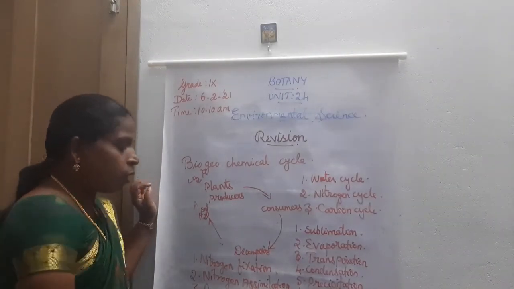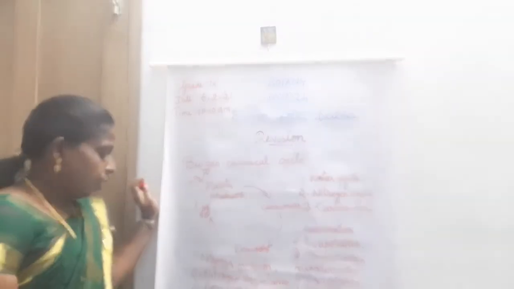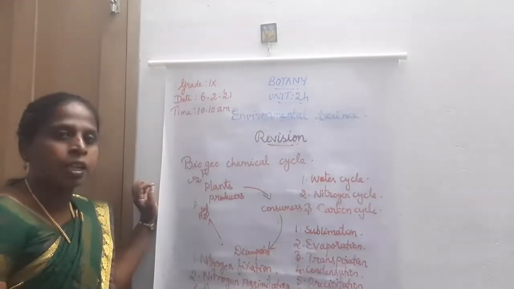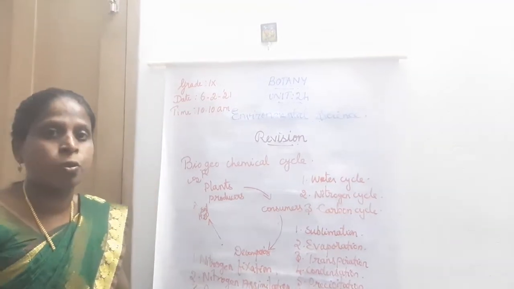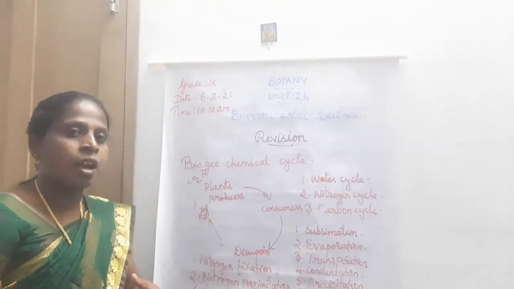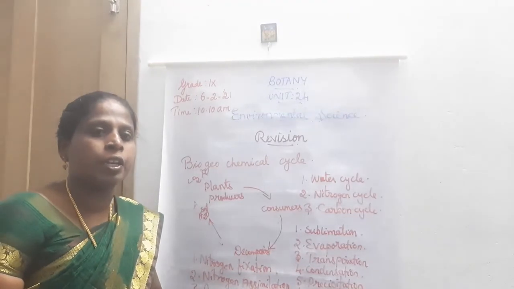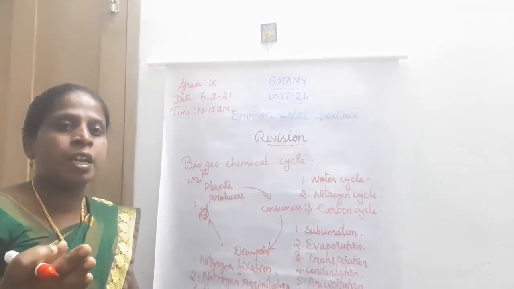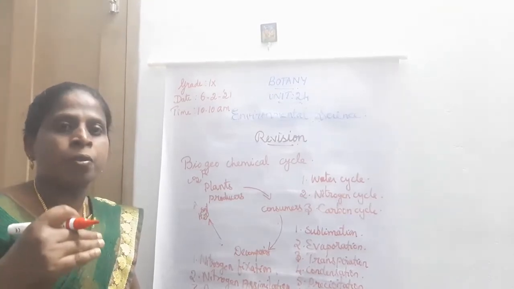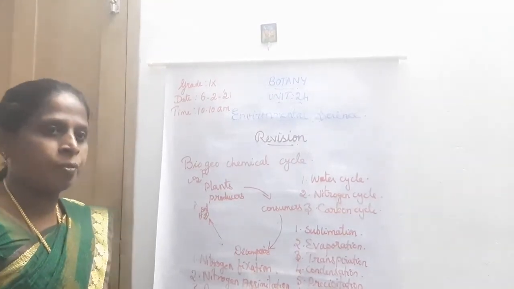So soluble nitrate is formed. Next one, denitrification. The free living soil bacteria such as Pseudomonas convert the soluble nitrate into gaseous nitrogen, and this nitrogen is now released to the atmosphere.